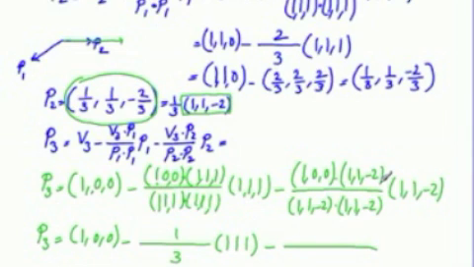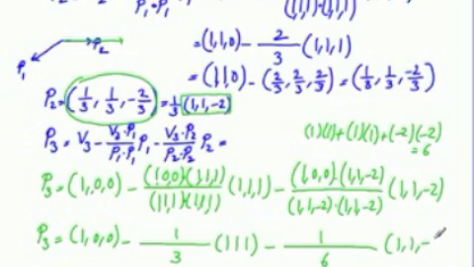Numerator of this one 1, denominator, say it again, 6. 1 times 1, 1 times 1, minus 2 times minus 2. That's going to be 1 times 1, plus 1 times 1, plus minus 2 times minus 2 makes 6. 6 of 1, 1, minus 2.